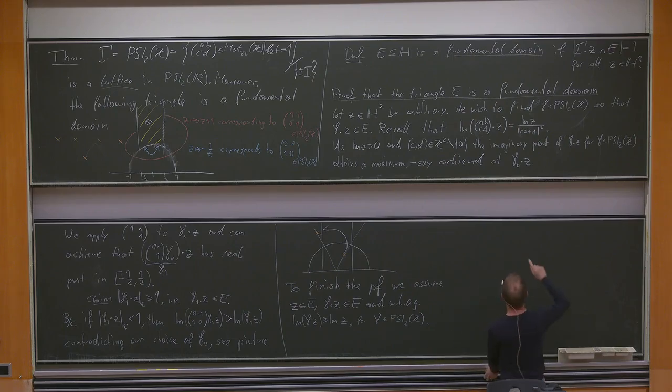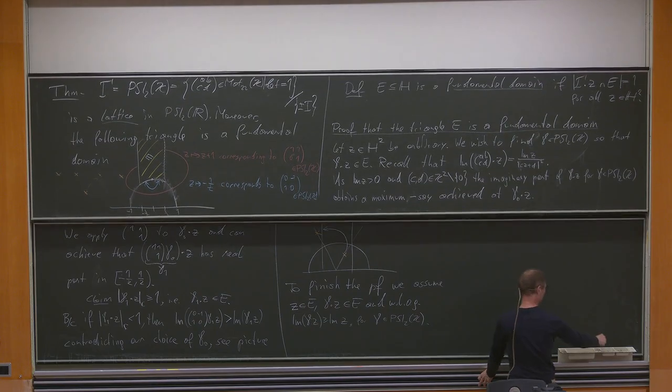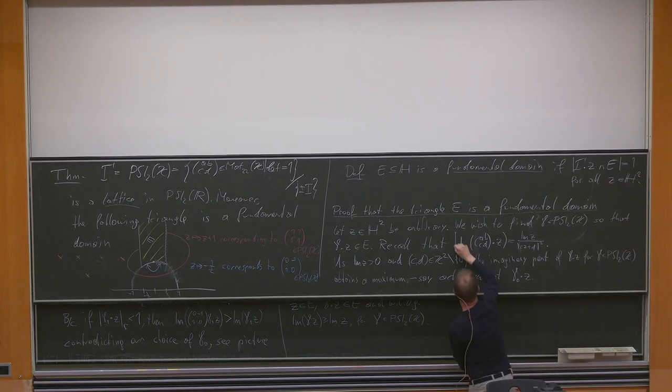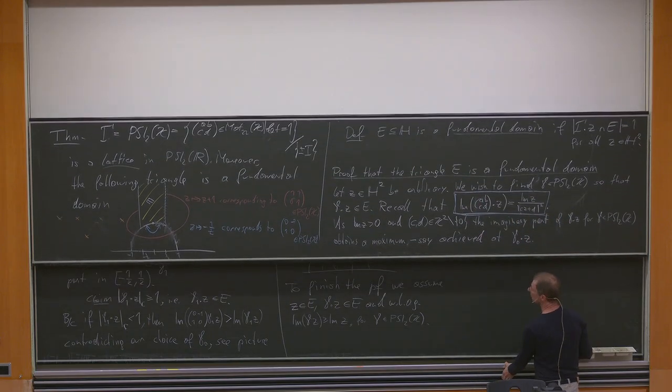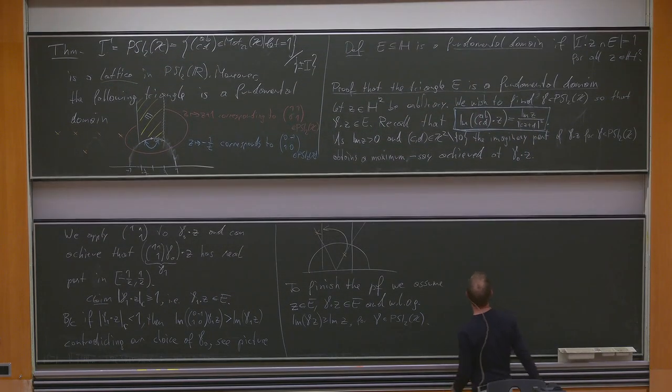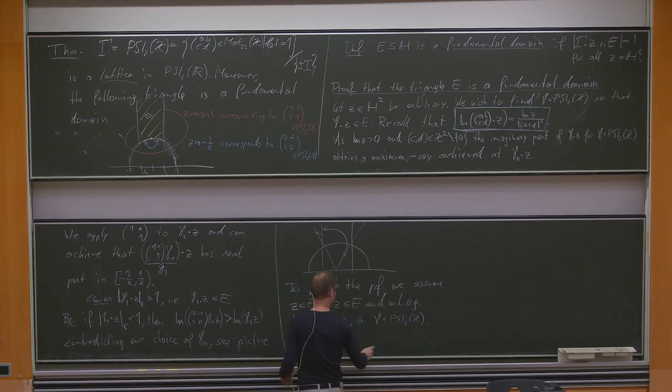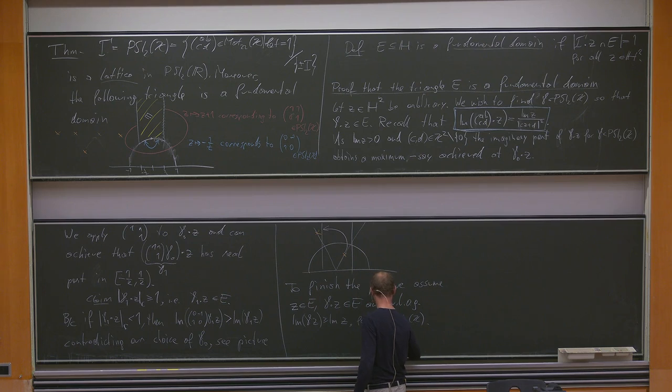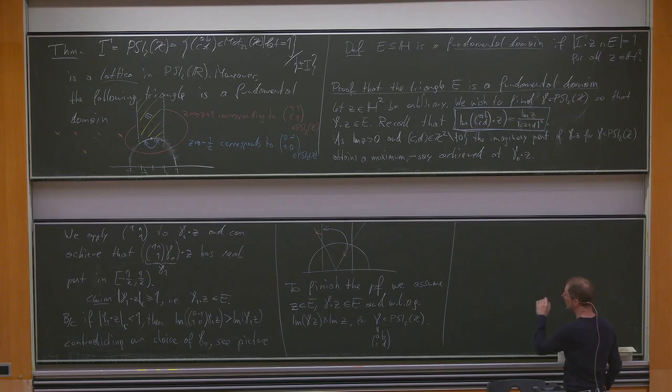So we again look at the formula up there. This is a very useful formula, so we can use it many times. And the gamma is ABCD again. And the imaginary part of gamma Z is bigger, right?